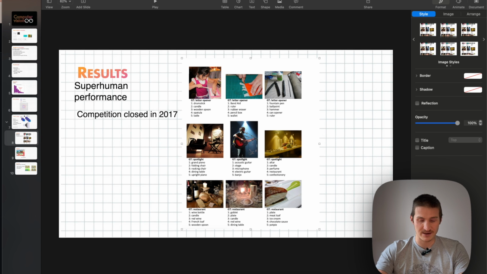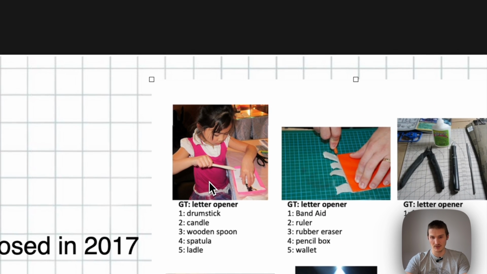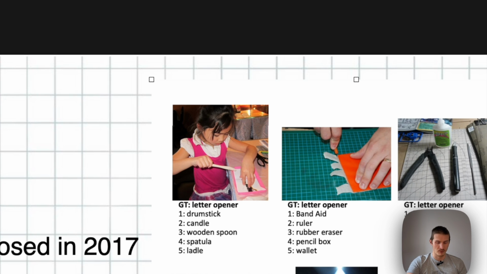In 2017, it was closed because models basically started performing better than the humans, at which point training them on human labels became sort of difficult. But also, the actual error rate is still 5% even for top 5, meaning that out of 5 predictions, in 5% of the cases, there's still not even one correct one.